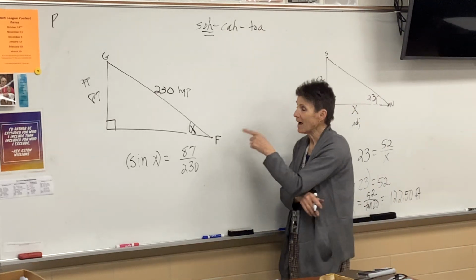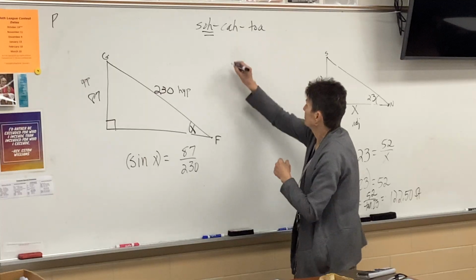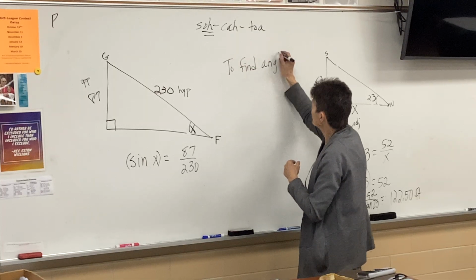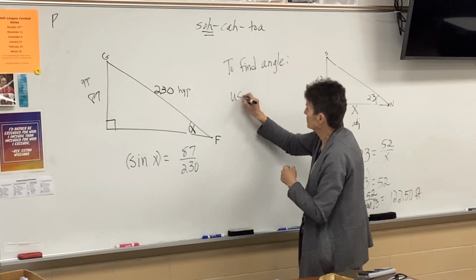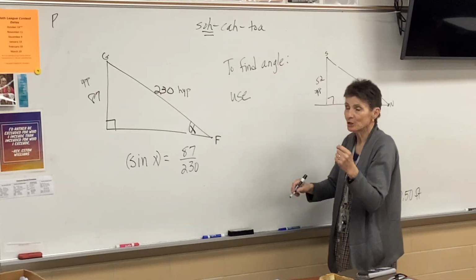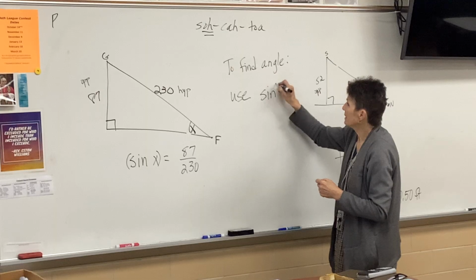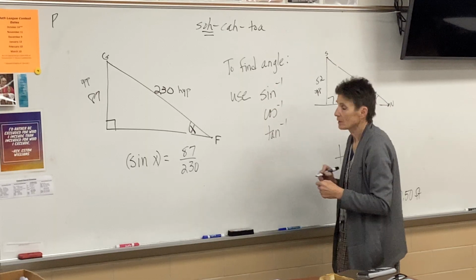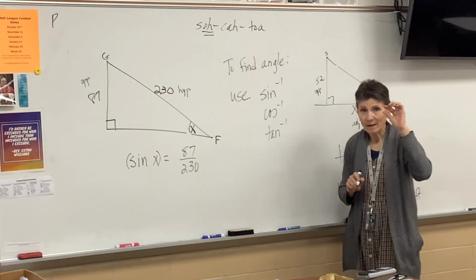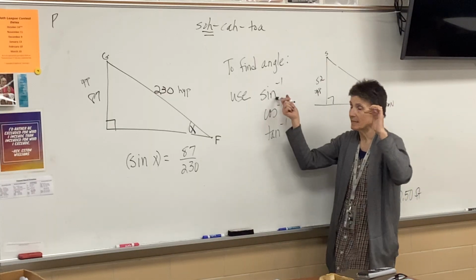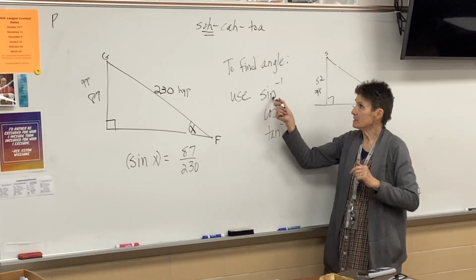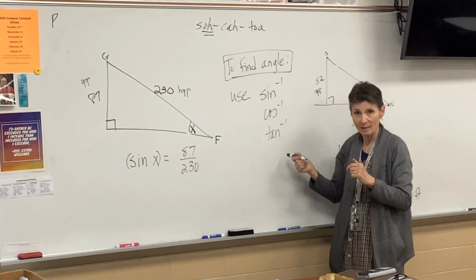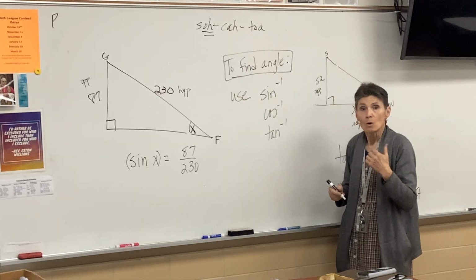Whenever you are finding an angle, you have to use one of your inverse buttons. So if you look right above your sine button, you'll see this. These are the buttons that find an angle.